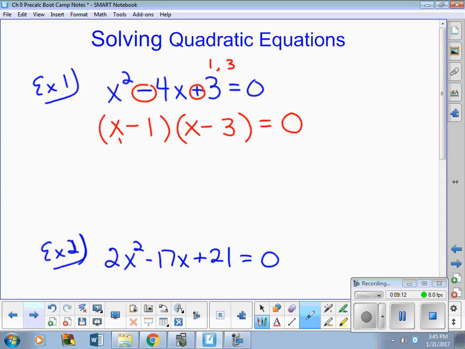And our middle terms will work out to add up to negative 4x, and that's what we want. All right. So if we're solving this, we're not done solving it, we've just factored it. X is equal to 1 and 3. Those are the zeros of these binomials that are in the parentheses.